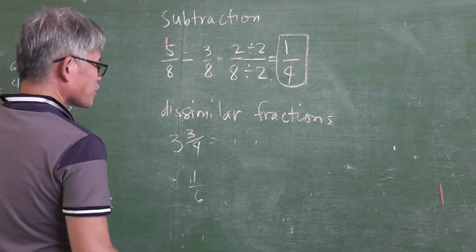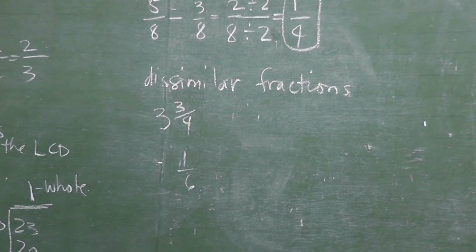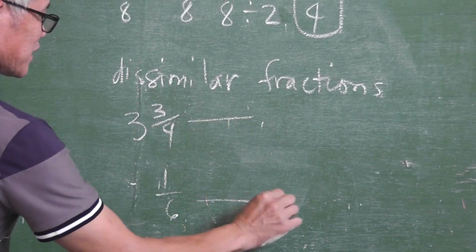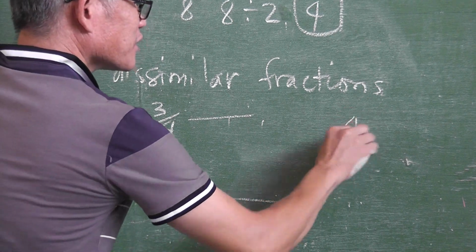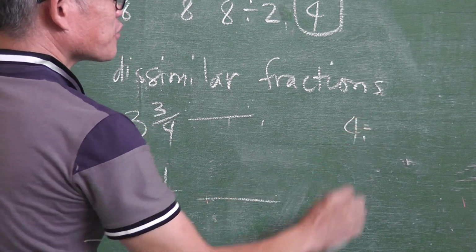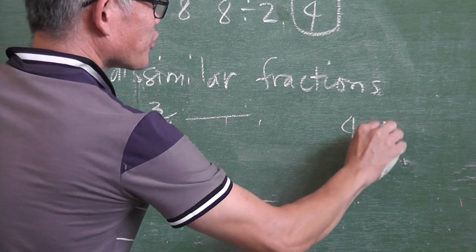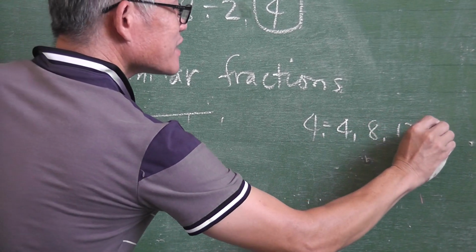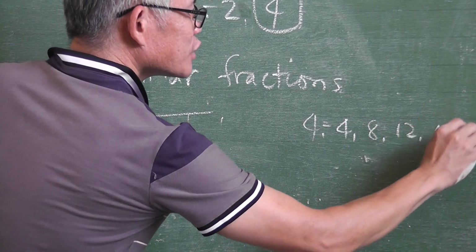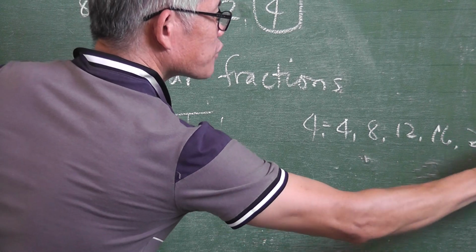Because they are dissimilar, we're going to look for the LCD, the same with our addition. Try 4. What are the multiples of 4? 4, 8, 12, 16, 20, 24.